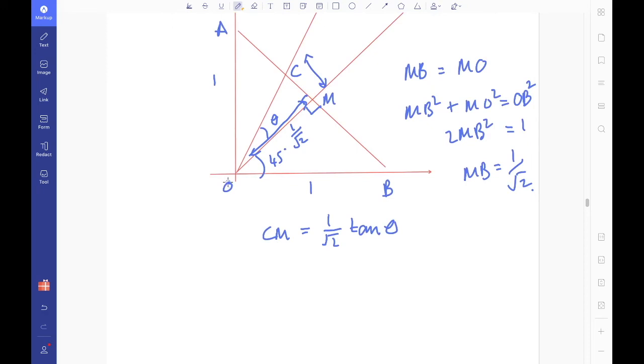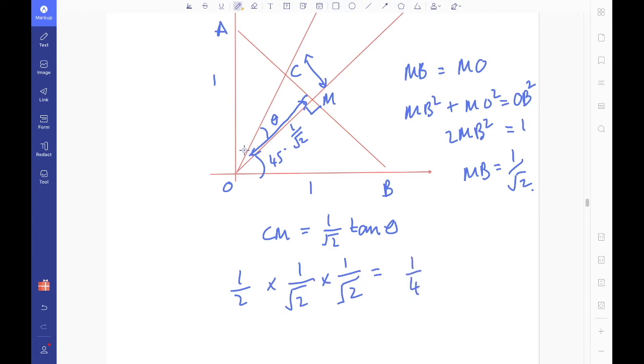So the area of the triangle OMB is 1 over root 2 times 1 over root 2 times a half. That's just half base times height. So 1 half times 1 over root 2 times 1 over root 2, and that is equal to 1/4.